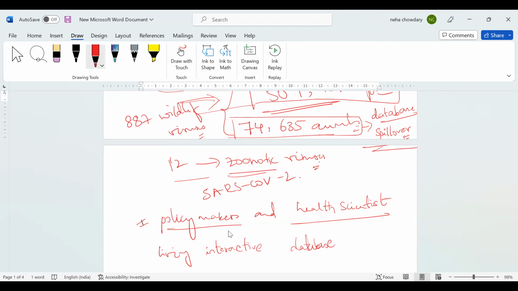Meaning, if any new data or any new virus is identified, it can be sent into the database. So, refined over time to continue to improve the quality and public availability of information on virus threats to human health.